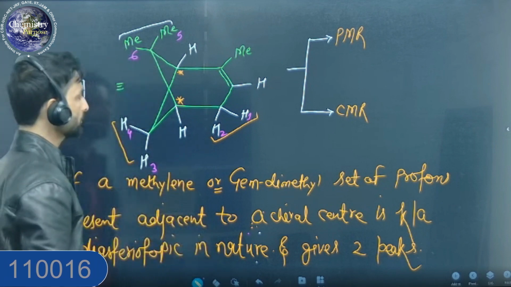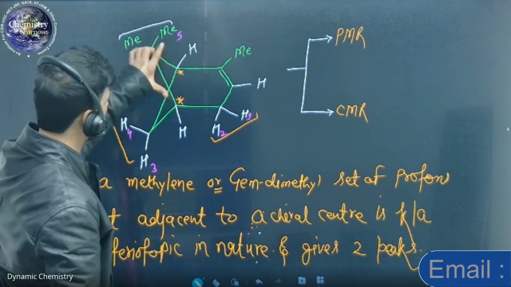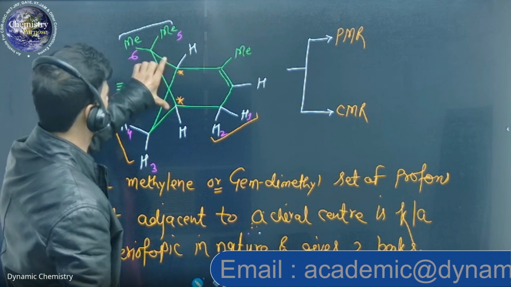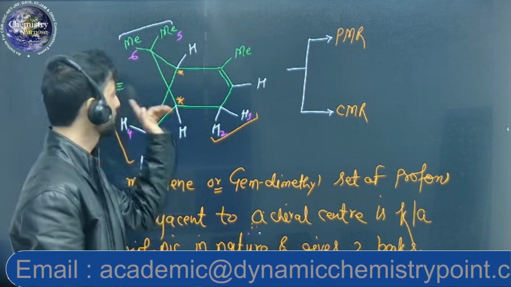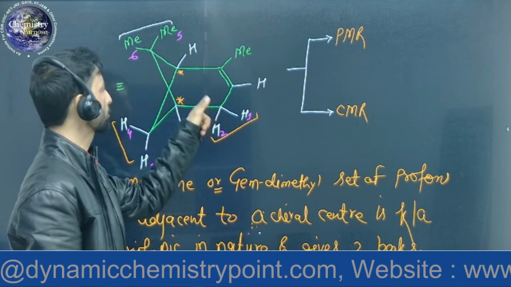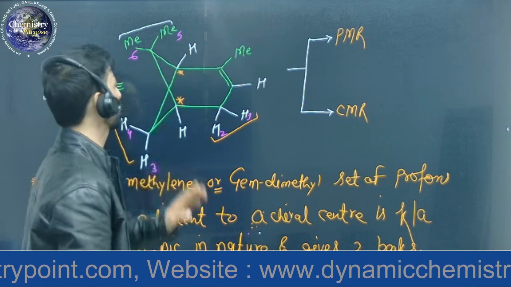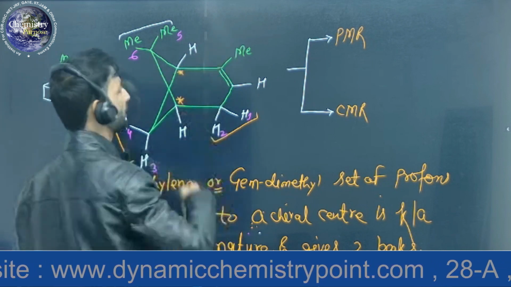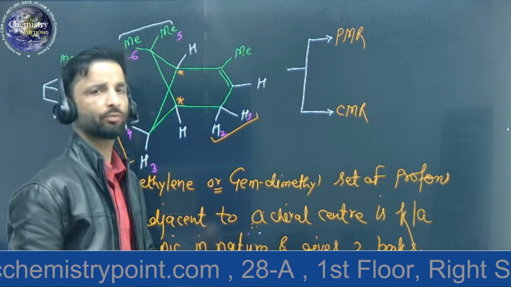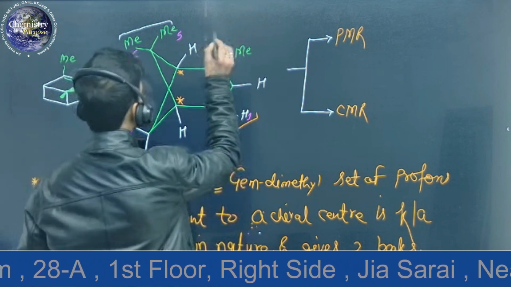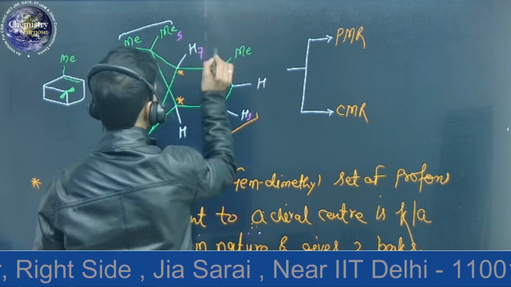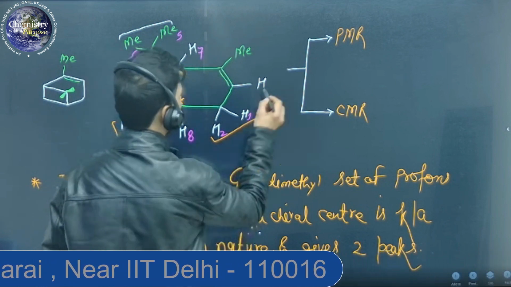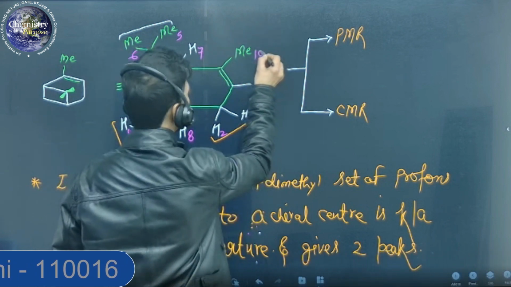These two hydrogens are chemically non-equivalent, beyond any doubt, due to different neighbors. Its neighbor is CH2, and what about the neighbor of the other? That is an alkene. So these hydrogens are chemically non-equivalent and give different peaks. Then 6, 7, 8, 9, and 10.